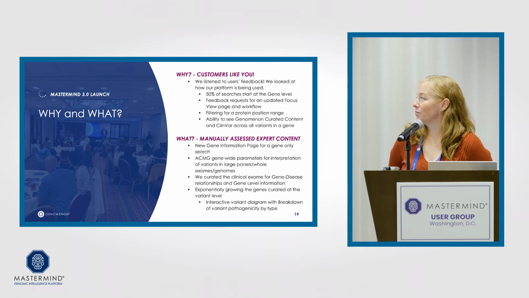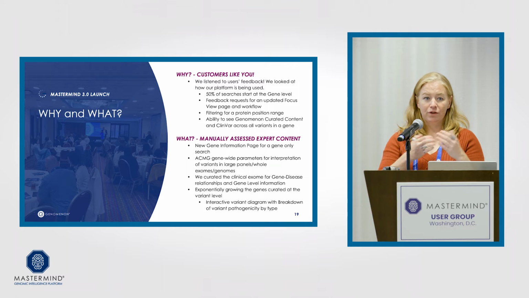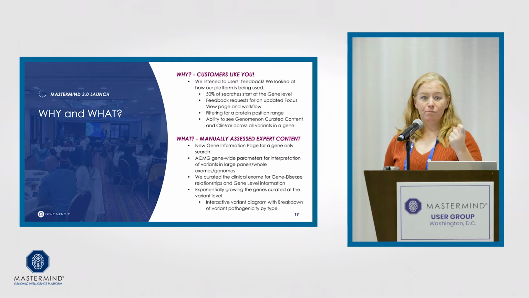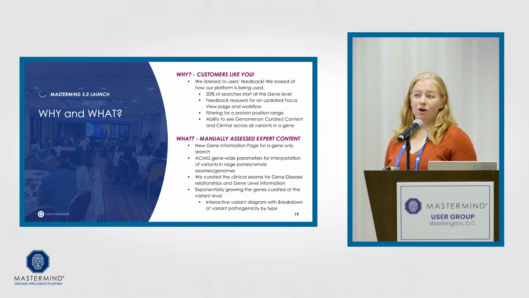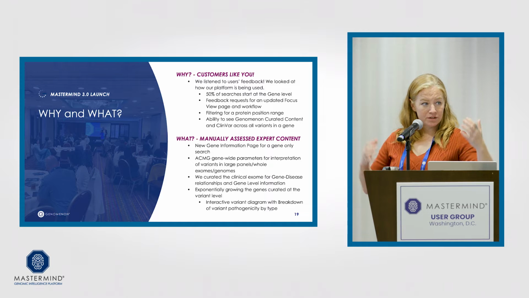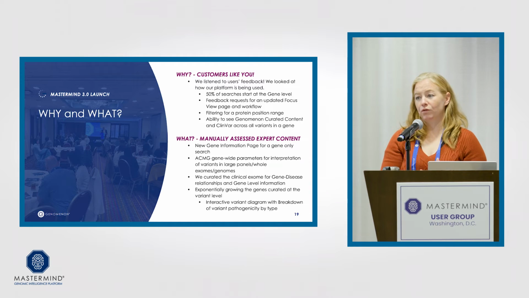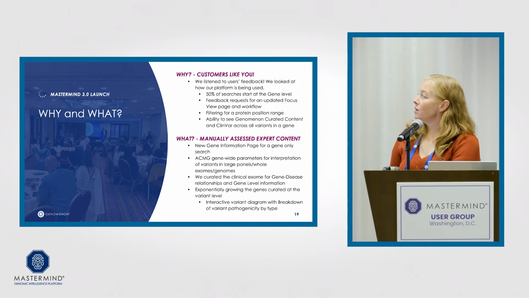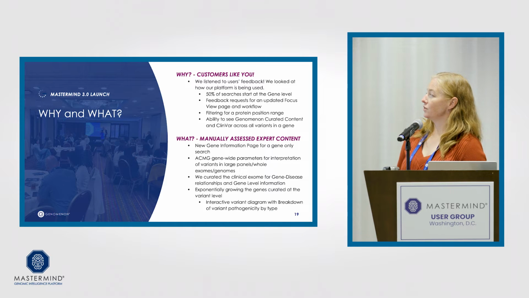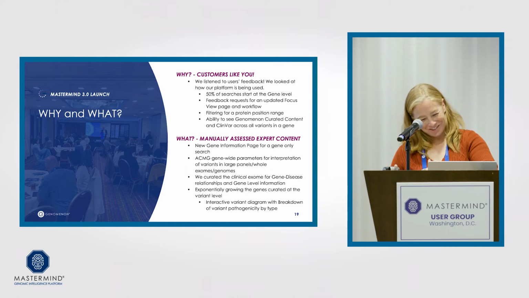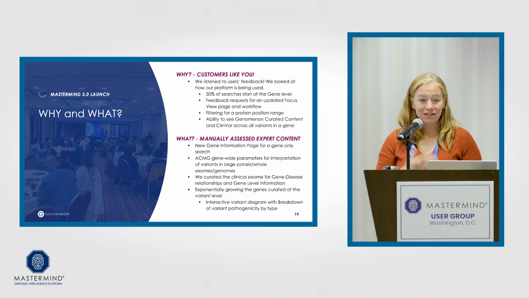We took that combined with feedback requests for updated workflows, filtering within, so I want to look at the different types of variants because mine's a novel variant, and thus I need to know in my domain are missense variants causative of disease, right? So really narrowing down, especially for those novel variants. And then the ability to see the curated content, the Genomenon curated content and the ClinVar curated content, across all the variants in that gene.